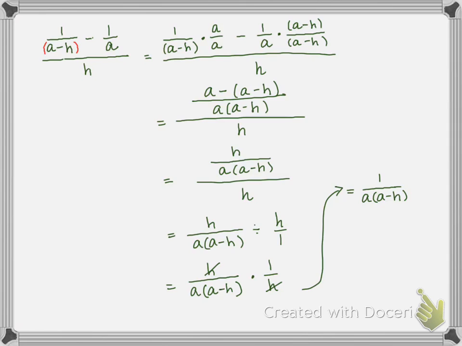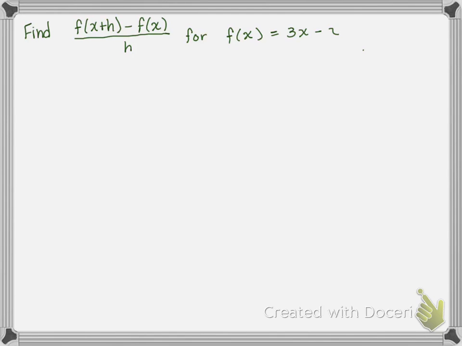Okay, let's do a difference quotient together, and then I'm going to have you guys do a couple. We're going to find f of x plus h minus f of x over h for f of x equals 3x minus x squared plus 5.